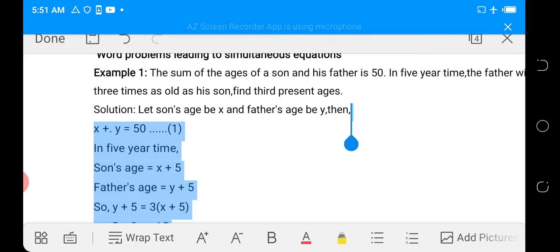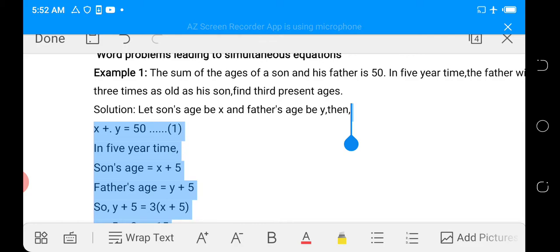Solution. The first step in solving this question is to convert what they are saying in the question into mathematical equation. Let's look at the first sentence. The sum of the ages of a son and his father is 50. So what do we do about this sentence? We are going to pick a letter to represent the age of the son, and we pick another letter to represent the age of the father.